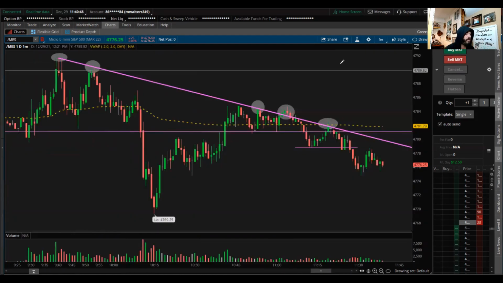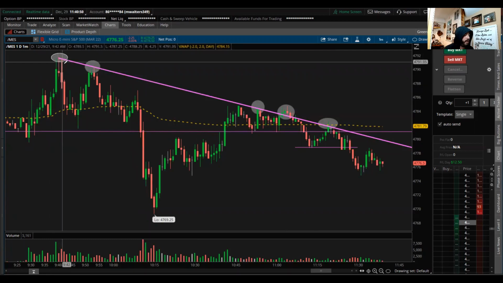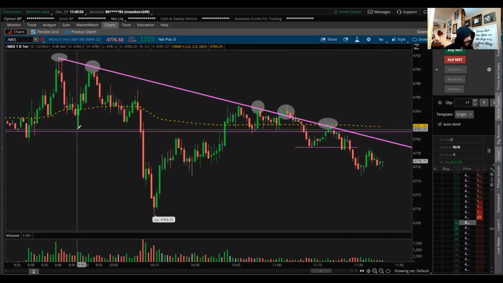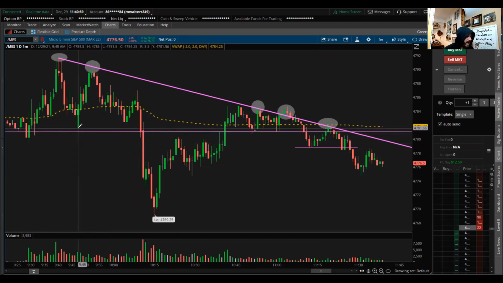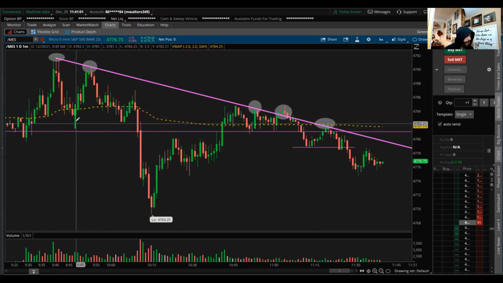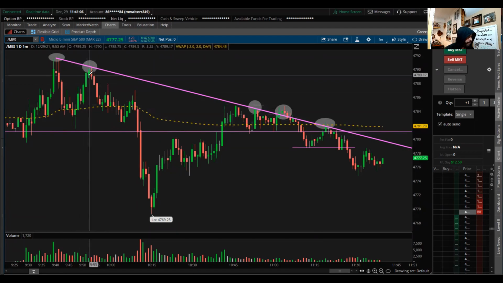So once we started this rejection, we came back down and then had a very nice bounce off of this key level at 47.80, had a beautiful, beautiful candlestick here, and just ripped right up.